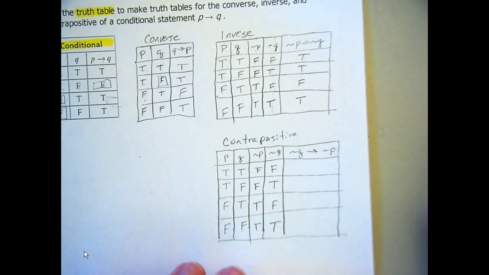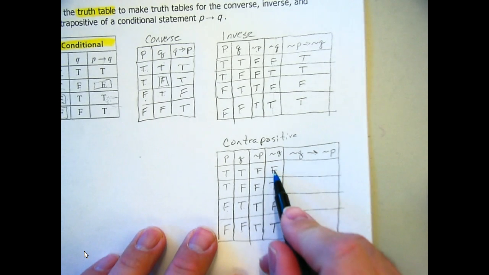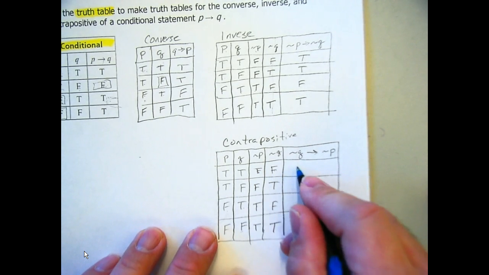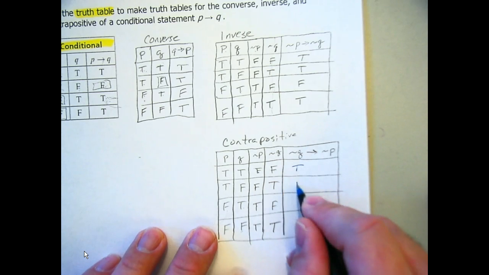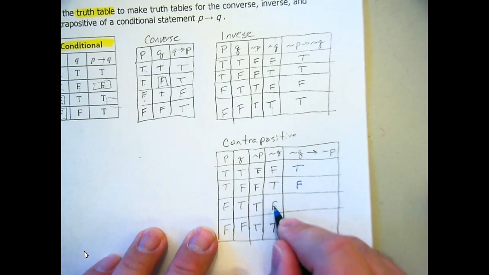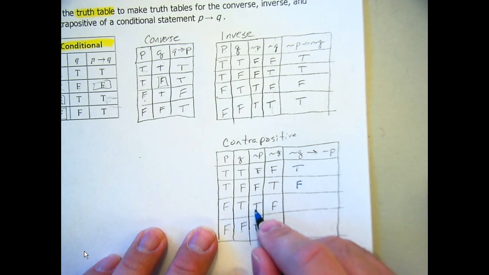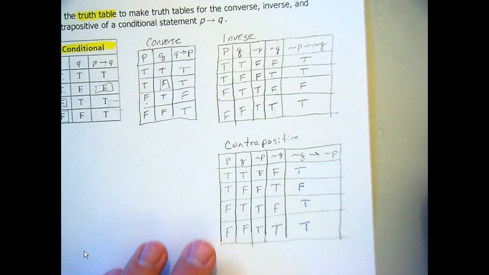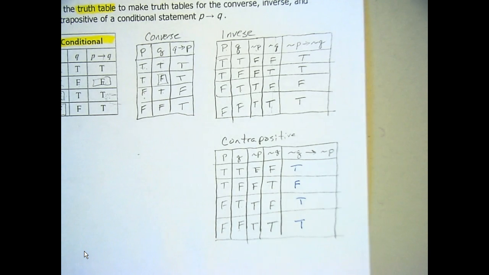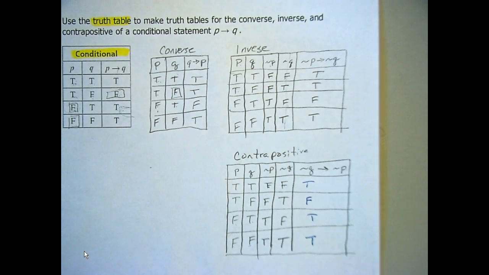When you go through and read this, we now have if false, then false. That's true. If true, then false. That's false. If false, then true. That's true. If true, then true. That's true. Kind of weird stuff there. Truth tables? Could be.